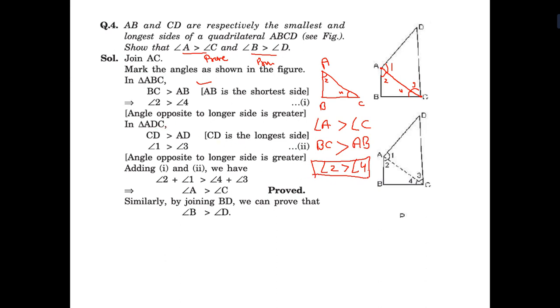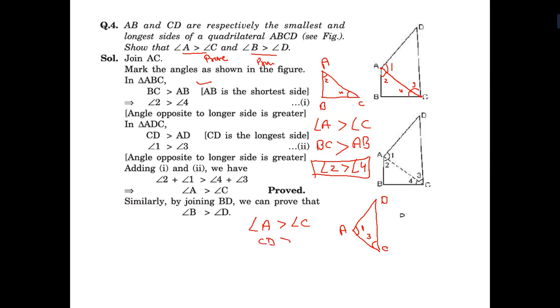Now in the next triangle, that is ADC, I have to draw one more triangle, A, D and C. Again here 1, again here 3. Same thing, angle A is greater than angle C. Now angle A's opposite side is CD, and angle C's opposite side is AD.